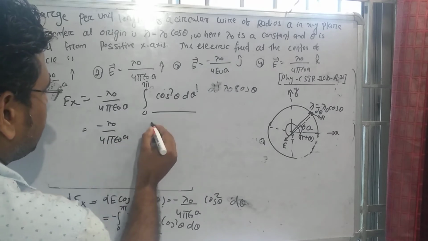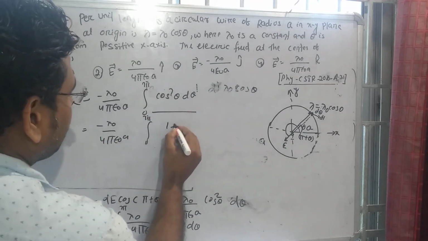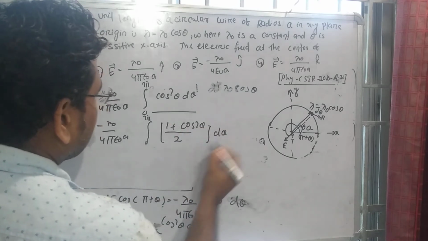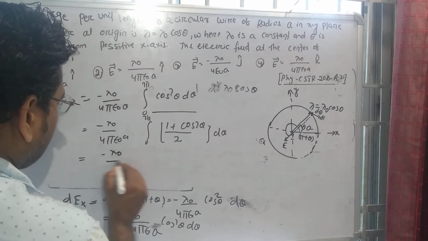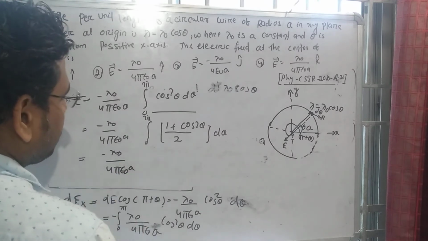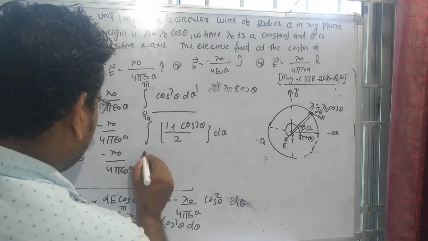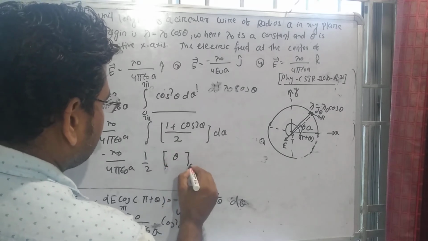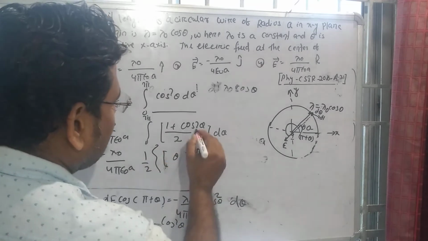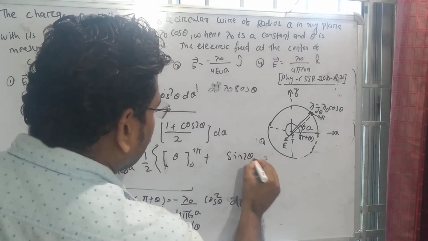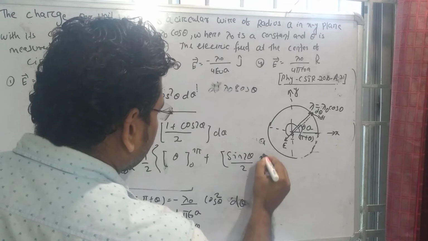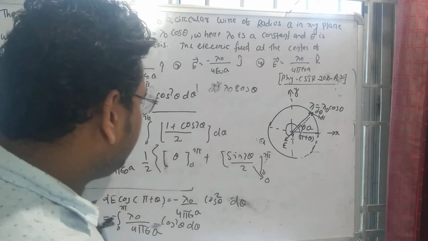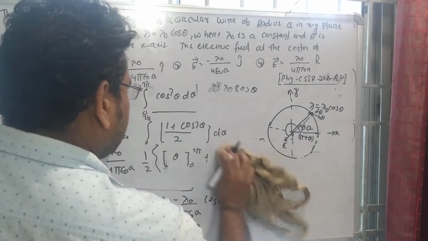We can write this cos square theta as (1 plus cos 2 theta) divided by 2, d theta. There will be a half common, so the first part will be integration over theta 0 to 2 pi, plus the second part, sine 2 theta divided by 2 from 0 to 2 pi, and this part will be 0 because sine 0 is 0 and sine 2 pi is also 0, so this part is cancelled out.